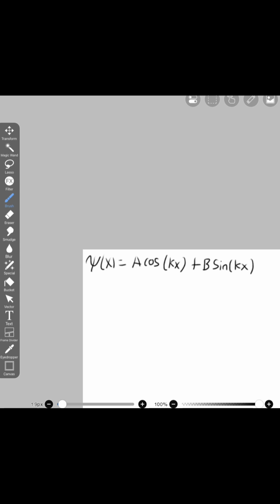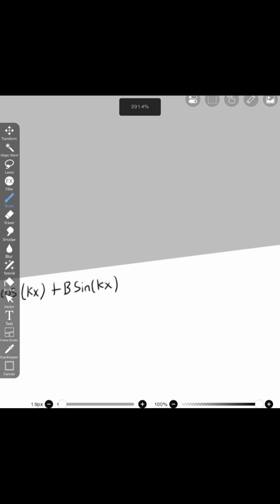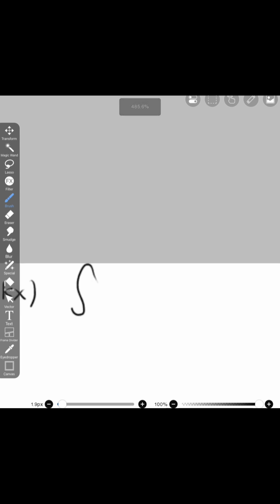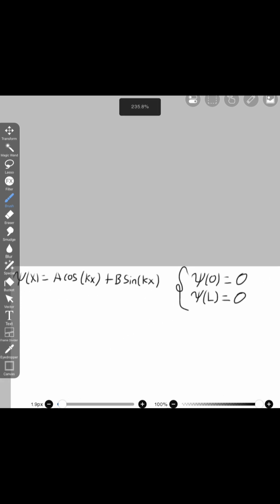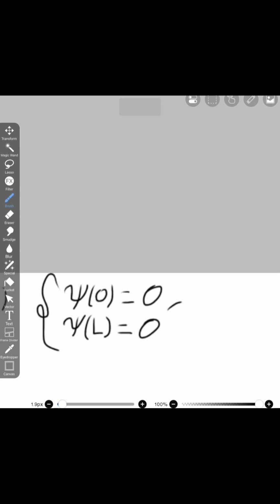But of course, this is still not complete, because we did have initial conditions. So remember that we did say that psi of 0 must equal 0, and psi of this width L must also equal 0. Okay, so let's go ahead and plug in our solution.